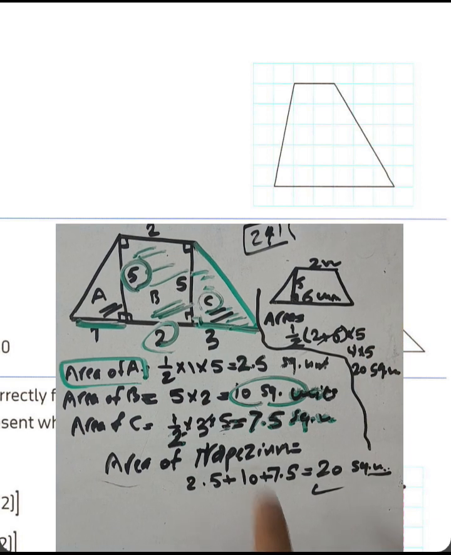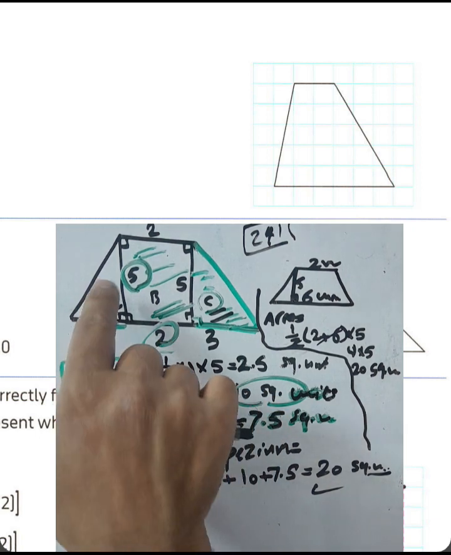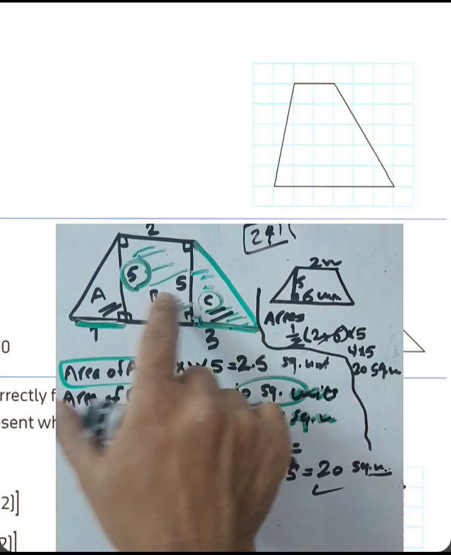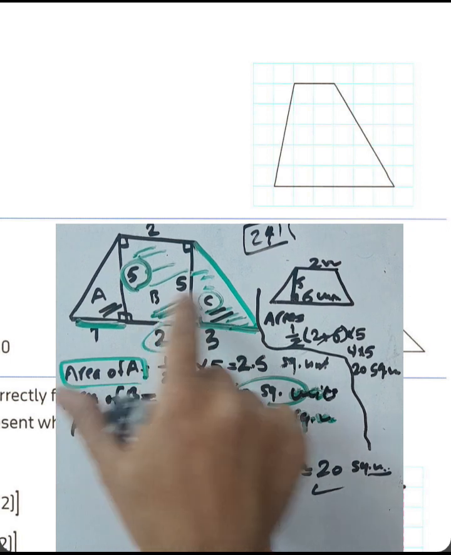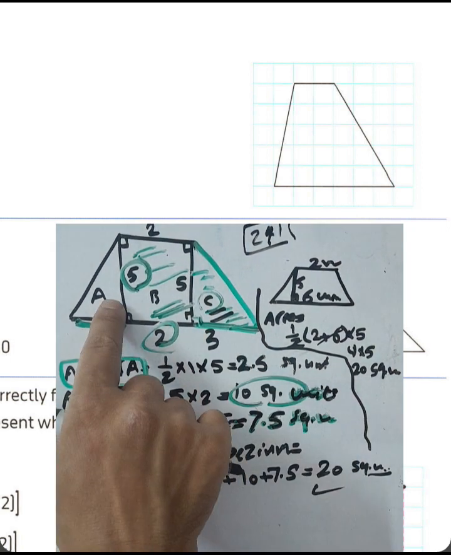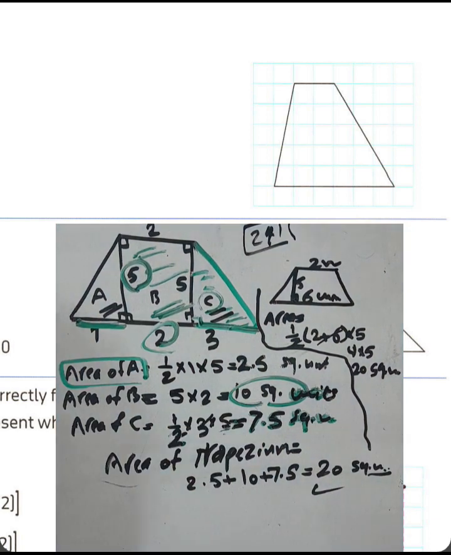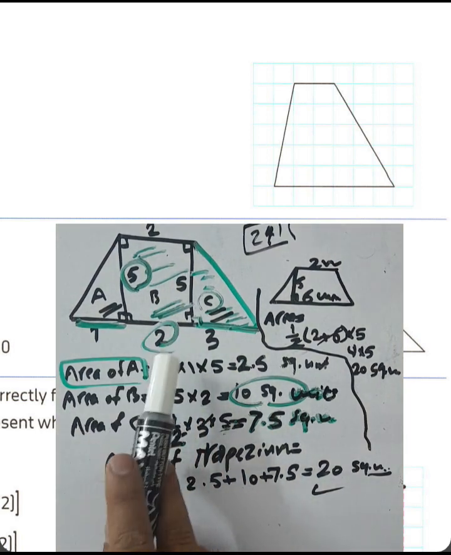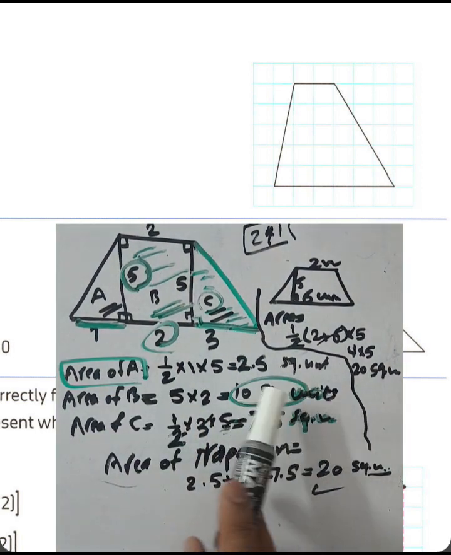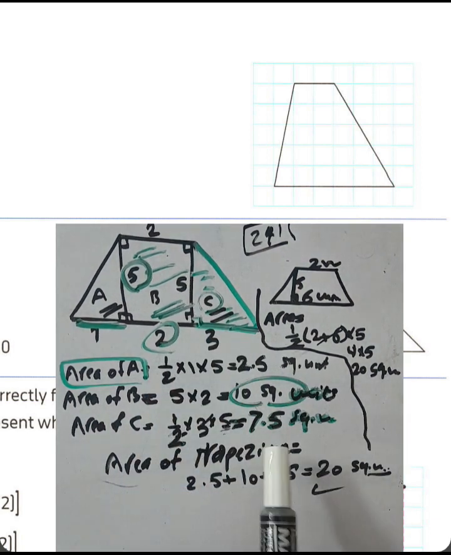Or you can divide this trapezium into three parts: triangle, square or rectangle, triangle. The area of A will be 2.5, half times the base times the height, and the area of the second shape, this rectangle, will be 2 times 5 equals 10 square units. The area of this triangle will be half times the base times the height, 7.5 square units.